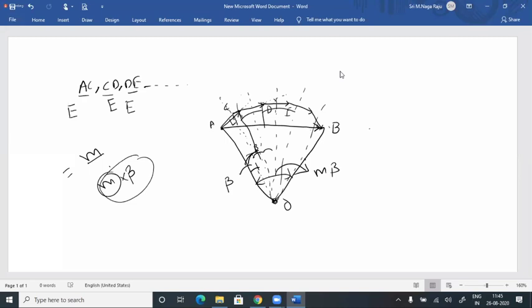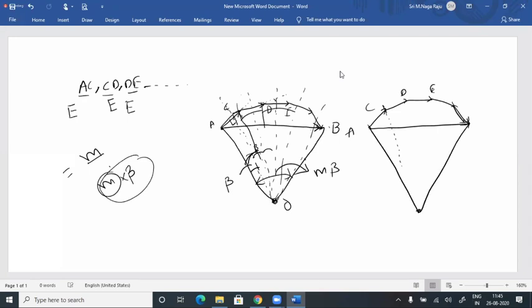I'm drawing here again. AC, one slot conductor, another slot conductor, next slot, next slot, next slot. So this is one slot conductor, AC. This is CD. This is DE. This is one slot, right?